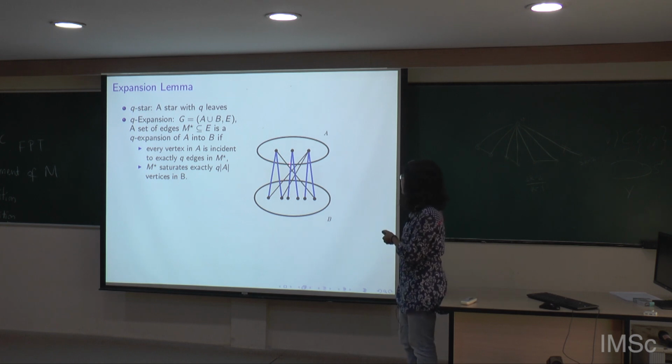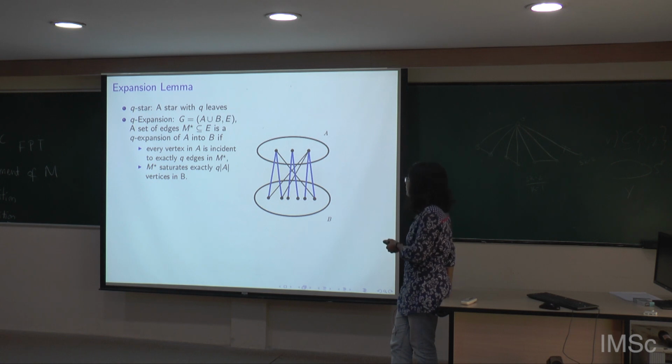The blue edges are the edges of M star. Every vertex here from A has two blue edges going into B. So in a q-expansion, every vertex of A has q blue neighbors in B.